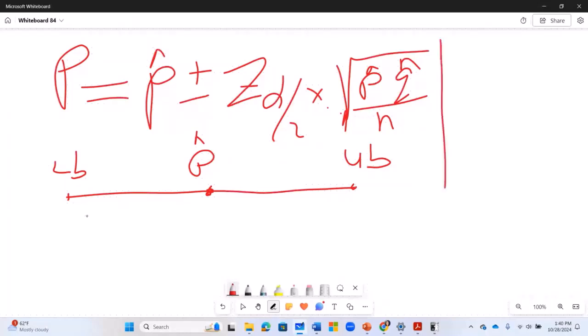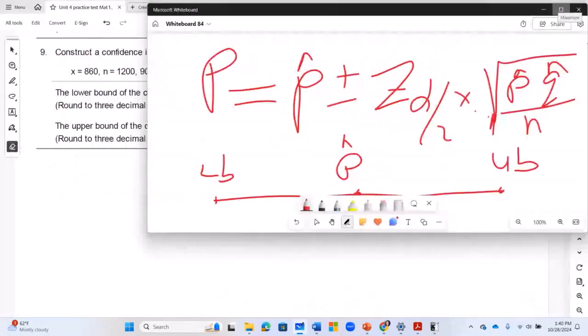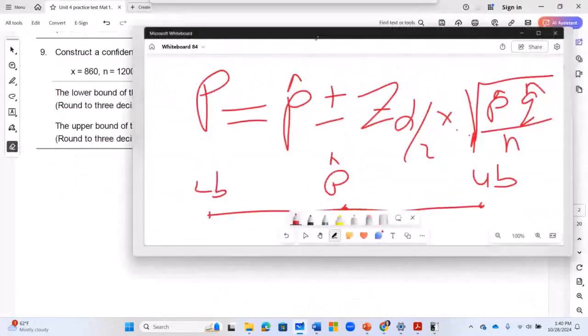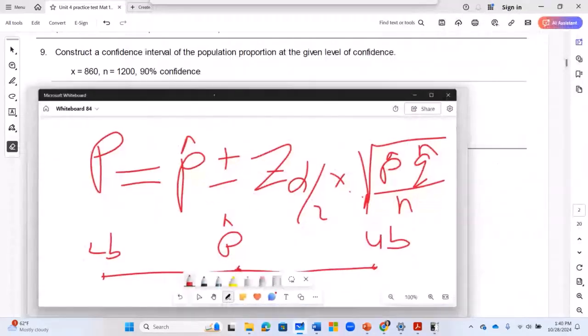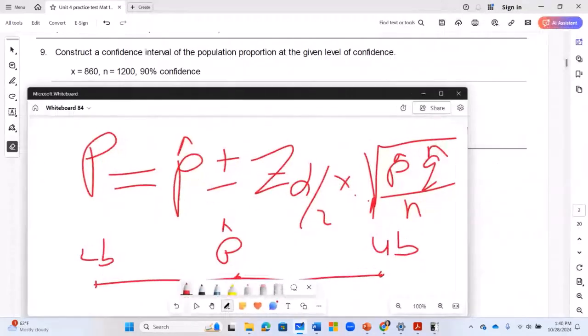But what are the numbers that I'm given in that question? So let me get those numbers. In number 9, I'm given that x is 860.